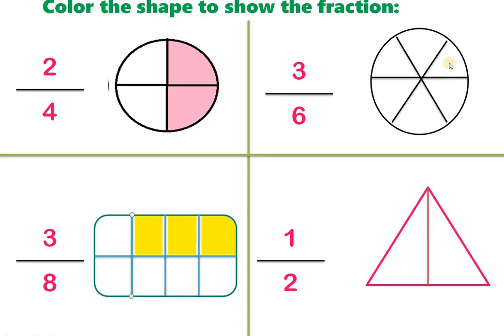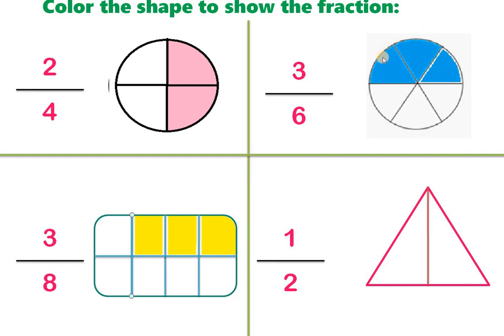Look at the circle here. This circle has 6 equal parts and we need to color 3 parts. 1, 2, 3. So I colored 3 parts here. 3/6. Look at the triangle here.